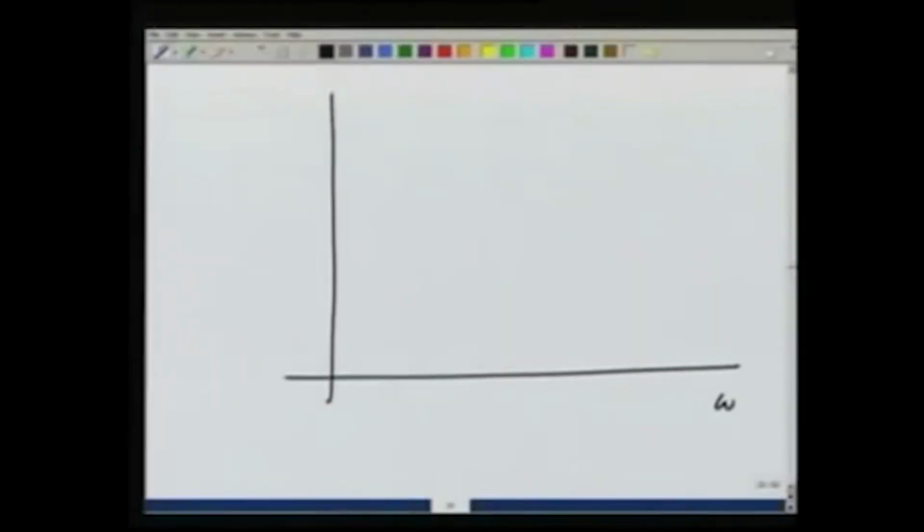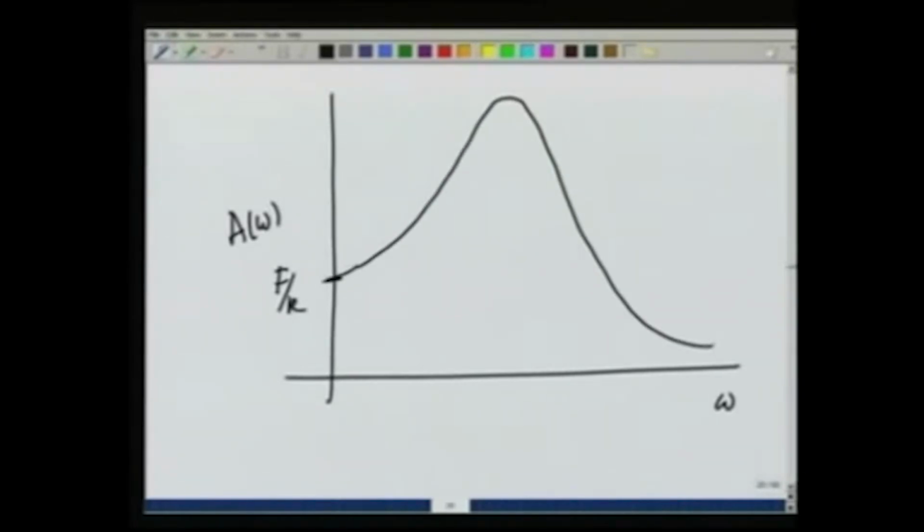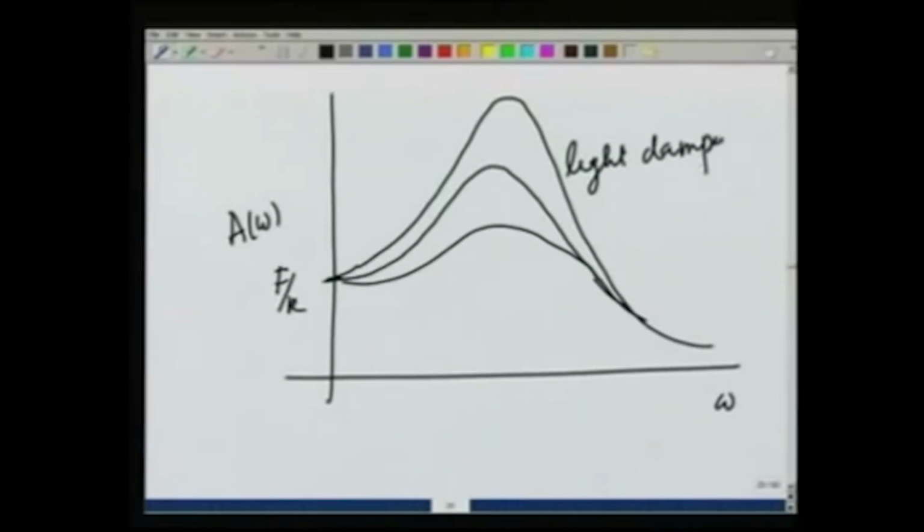So, in general, if I combine the two curves, light damping and heavy damping, and plot the amplitude of oscillations with respect to frequency, the curve looks like this. This is light damping, and there is no maximum for heavy damping, the curve just goes like this.